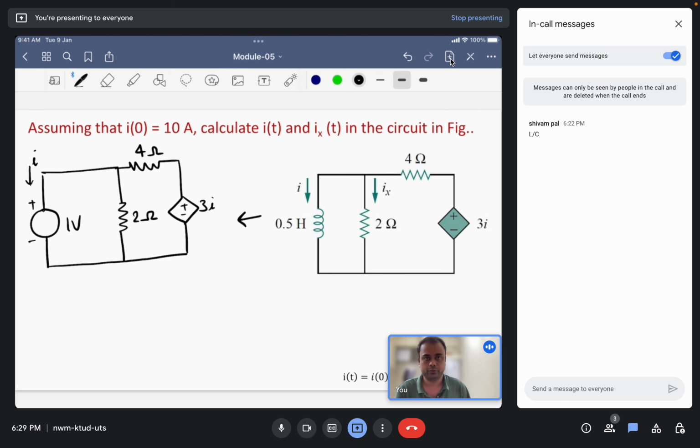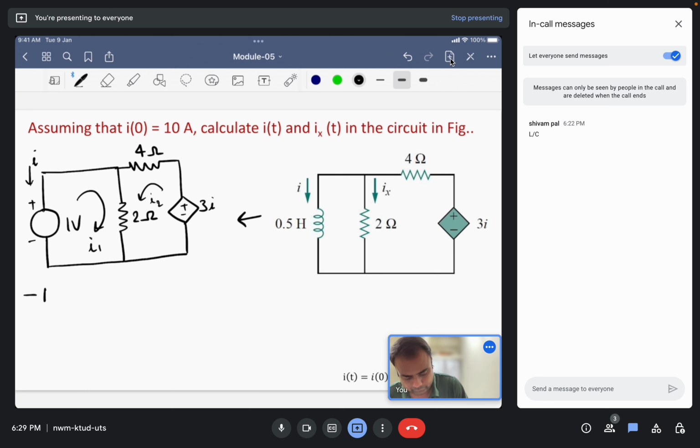So here we have 2 loops. Loop 1, let us say I1 current flows through loop 1, and loop 2, let us say I2 current flows through loop 2.